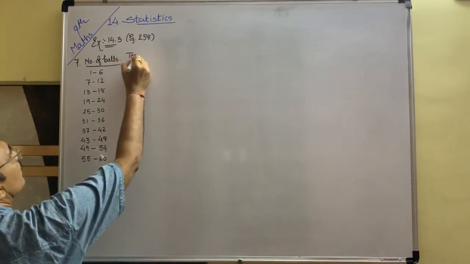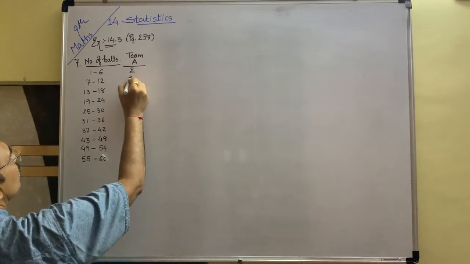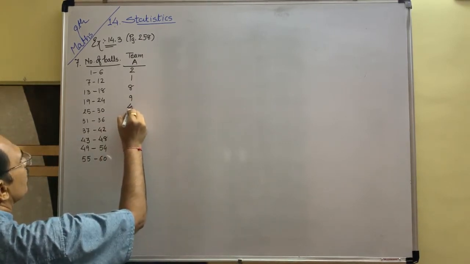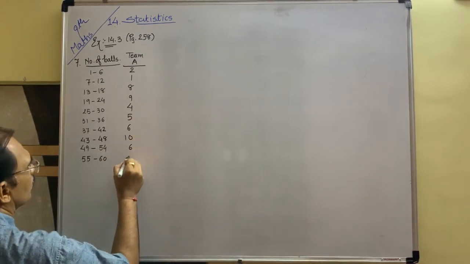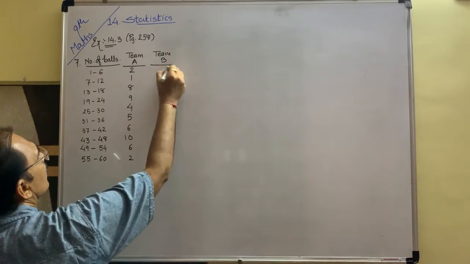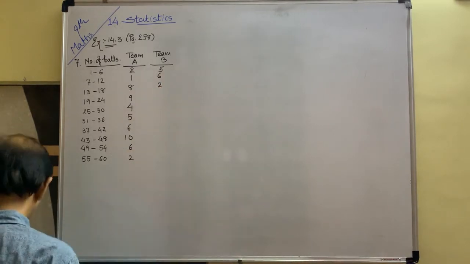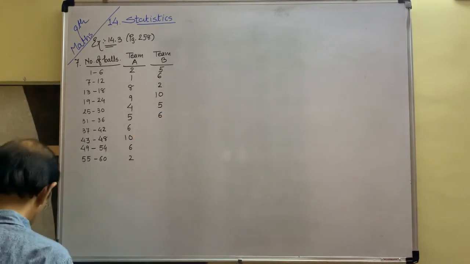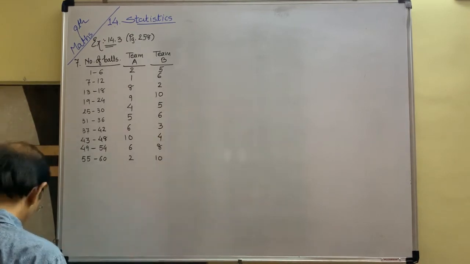Team A: 2, 1, 8, 9, 4, 5, 6, 10, 6, 2. Then team B: 5, 6, 2, 10, 5, 6, 3, 4, 8 and 10.